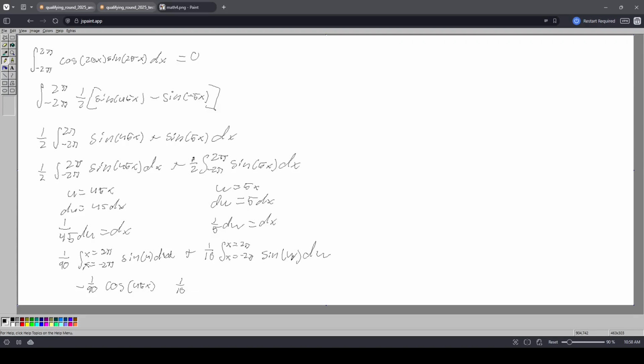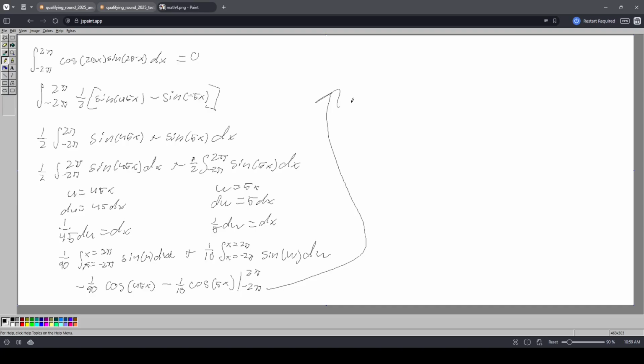Sine of w goes to negative cosine of w, so plus times a minus, it's going to be a minus. Then cosine of w is 5x, so cosine of 5x, and that'll be evaluated from negative 2 pi to 2 pi.